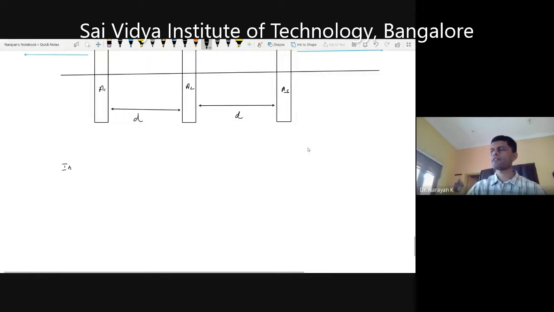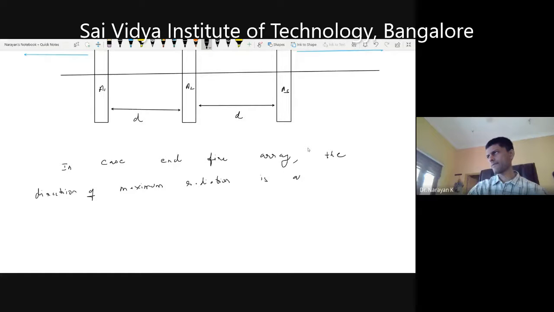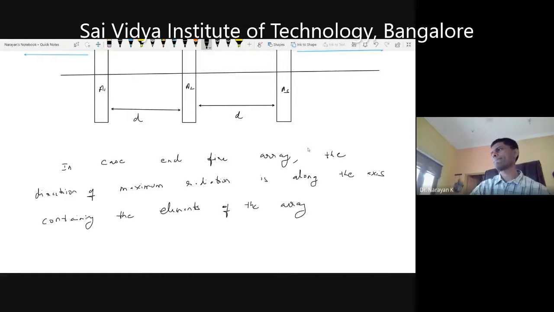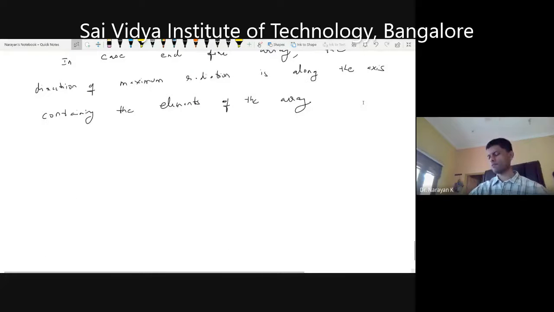Just write down: in case of end fire array, the direction of maximum radiation is along the axis containing the elements of the array. This is your direction of maximum radiation.